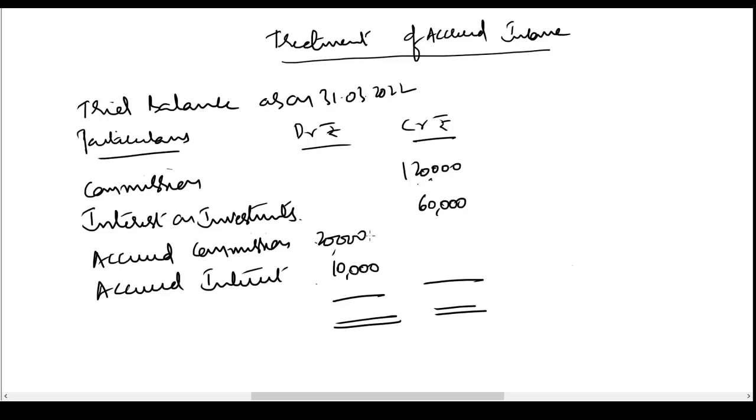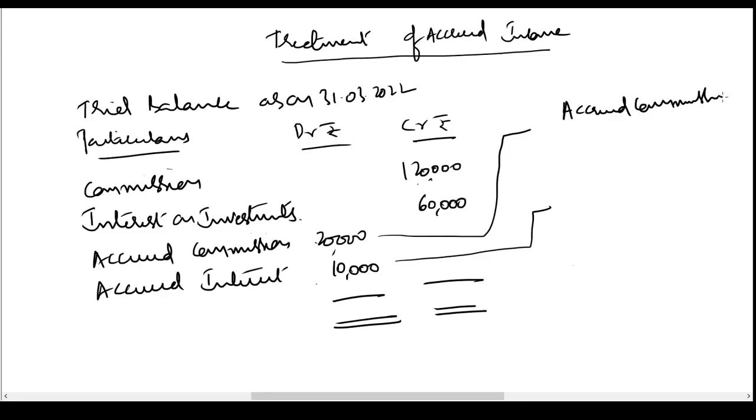Now the question comes, how have these items come in the trial balance? The answer is the entries relating to accrued commission: Accrued commission account debtor to commission.